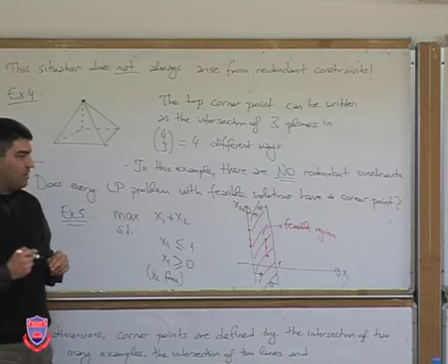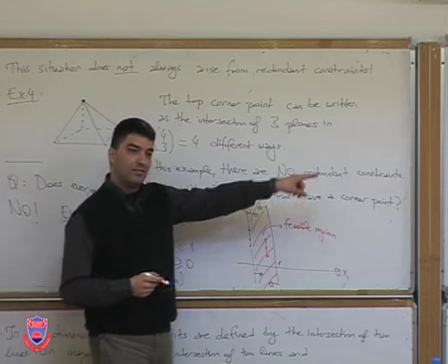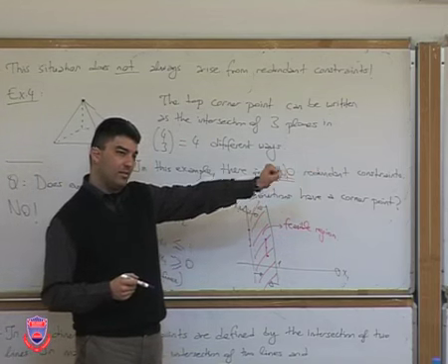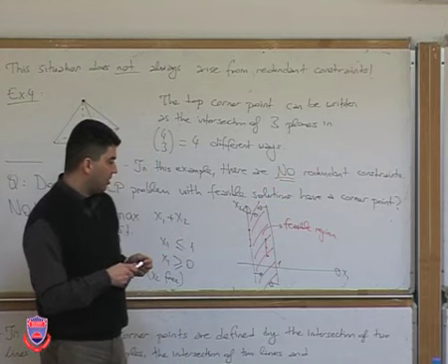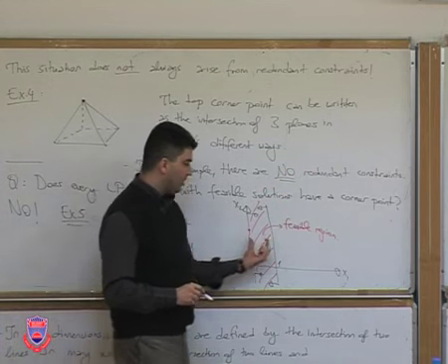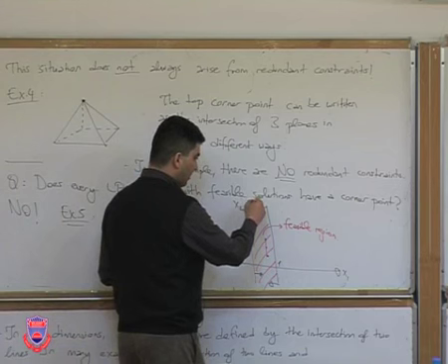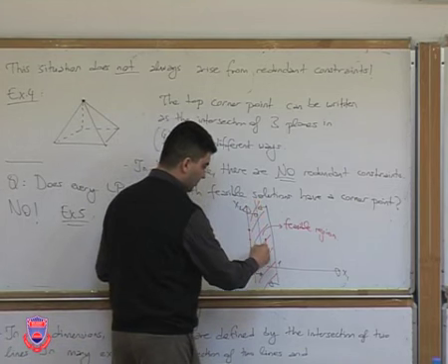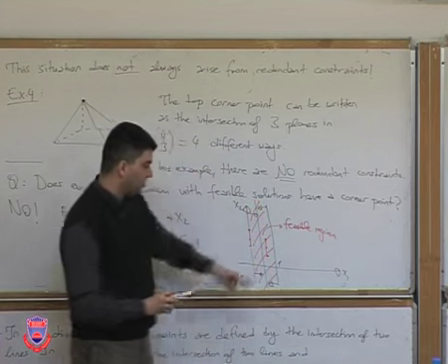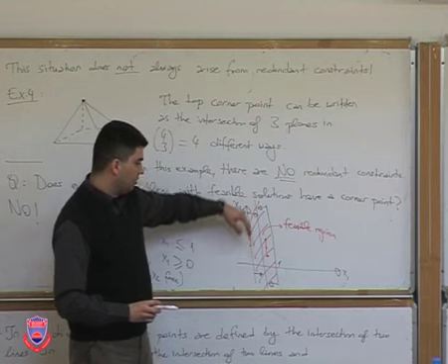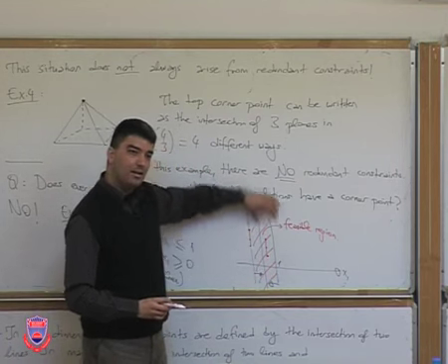Now, there's one fundamental difference between this feasible region and that one, and that fundamental difference is the following. If I look at this feasible region and draw this line, for example, x1 equals 1/2, then this line is contained entirely in the feasible region.